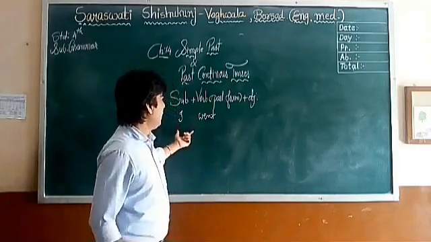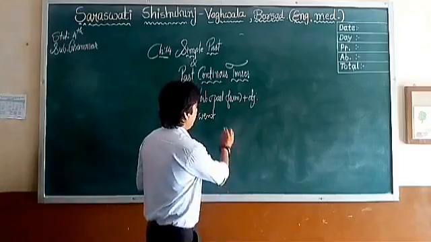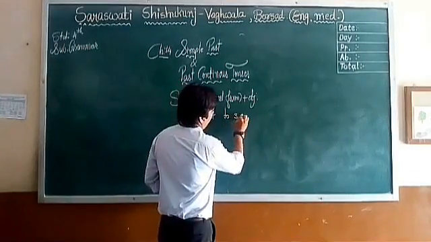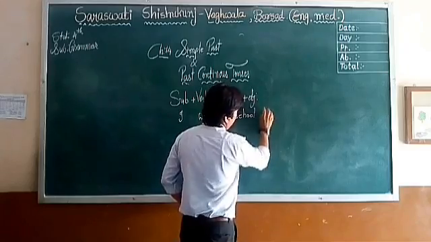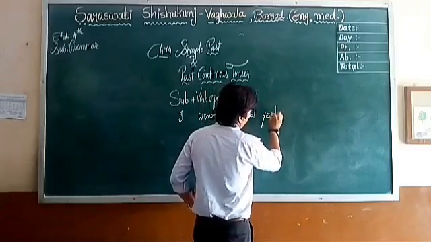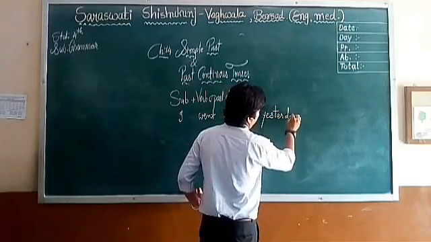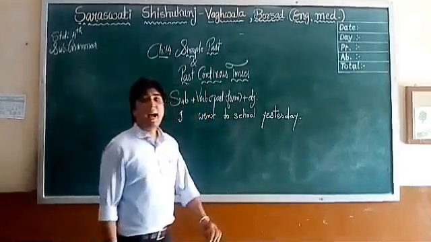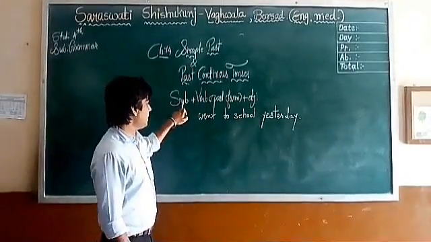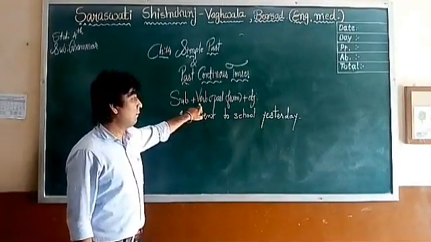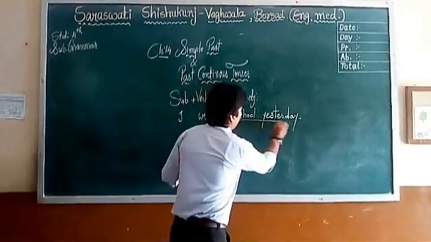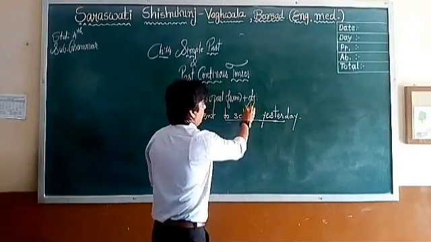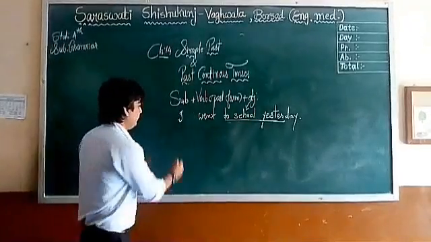I went to school yesterday, right? I went to school yesterday. Subject, went is a verb, past form of go, and to school, that is our object, right?